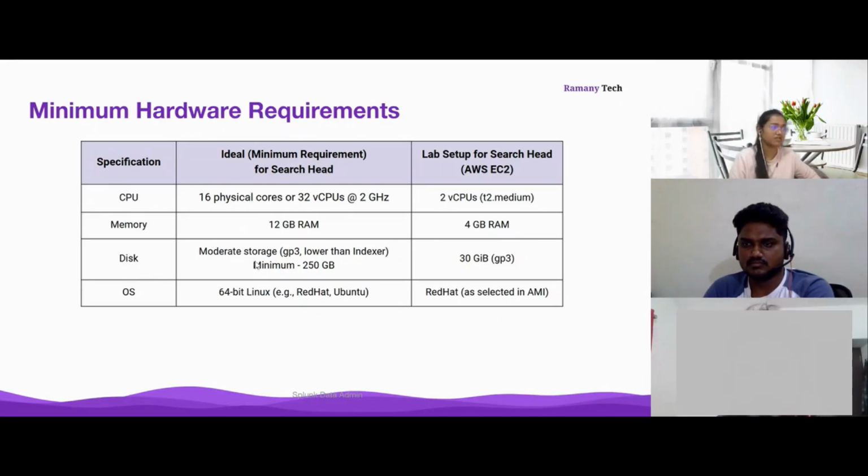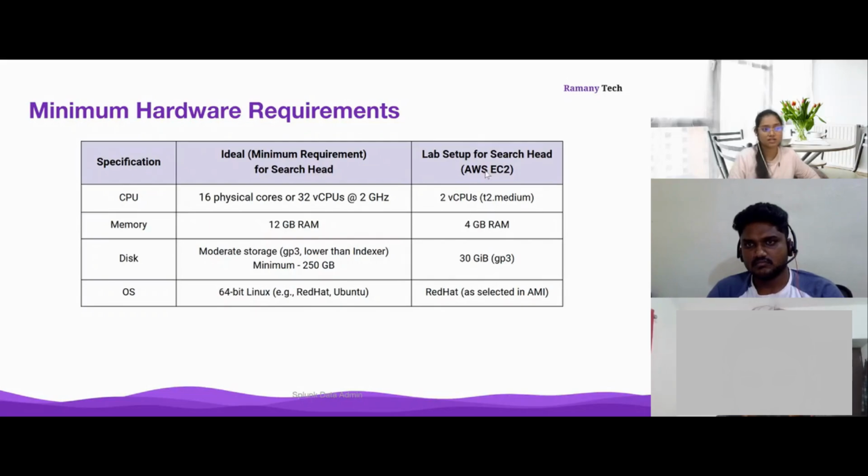For disk, the minimum specified is 250 GB. We don't need as much as in the indexer, where we have 500 GB. Here 250 GB is enough. And for the OS, preferred is 64-bit Linux.